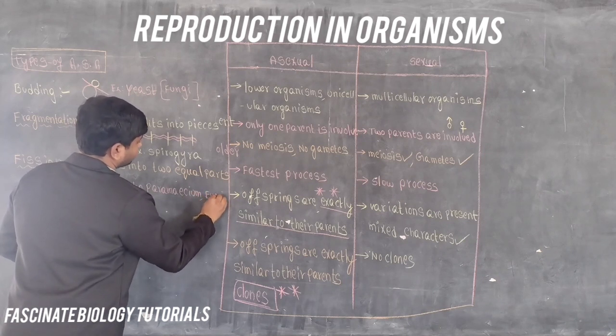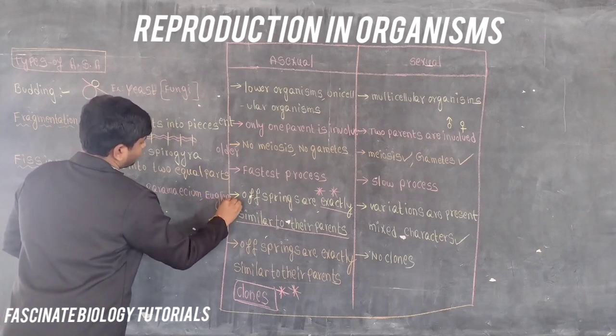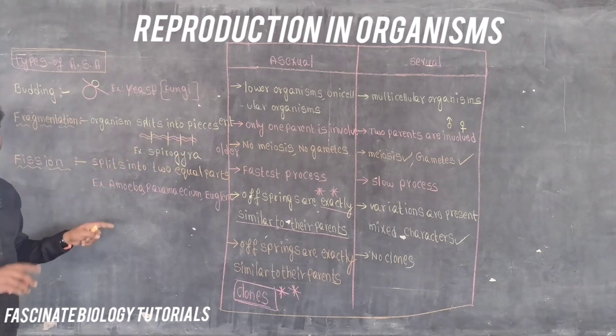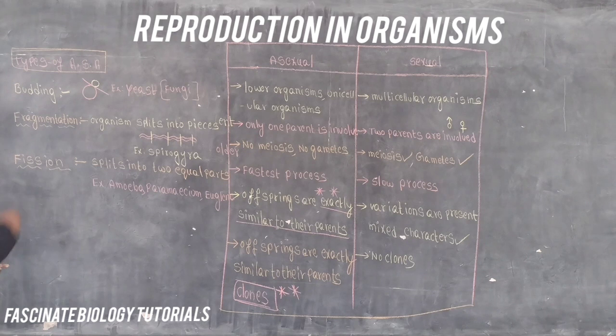These are the examples of fission. In fragmentation, one organism splits into different pieces, but here one organism splits into only two equal parts. Remember: budding, fission, fragmentation. The next one is spore formation.